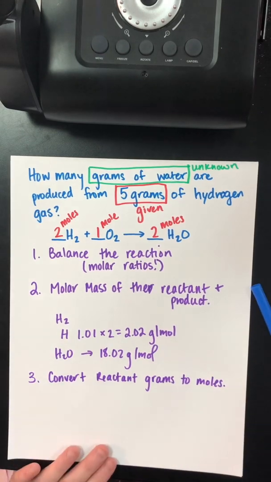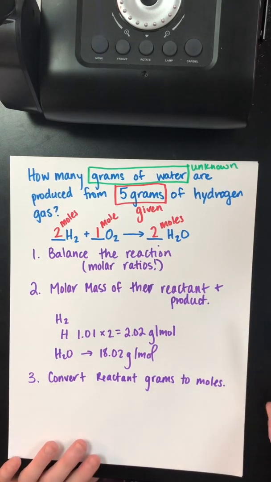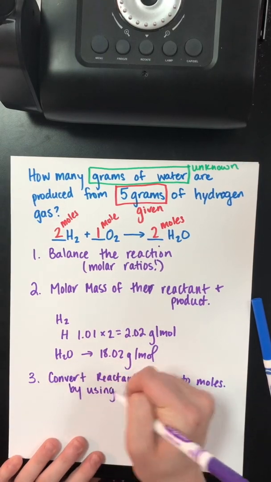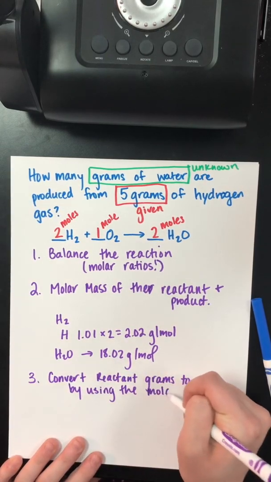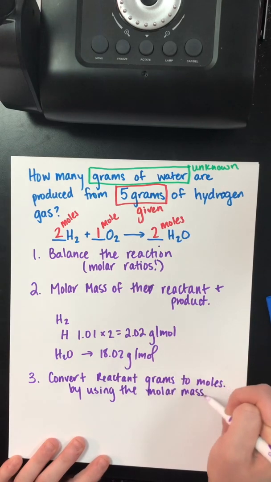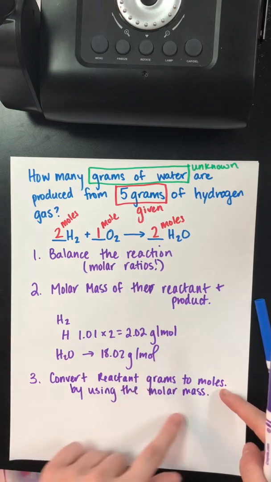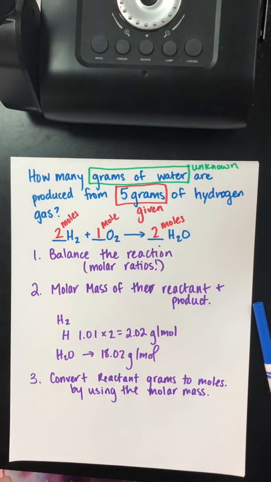And the way that we do that is by using the molar mass. If we think of this as going from the language of grams to moles, molar mass is your translator.